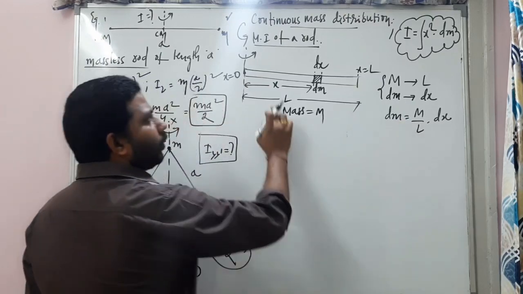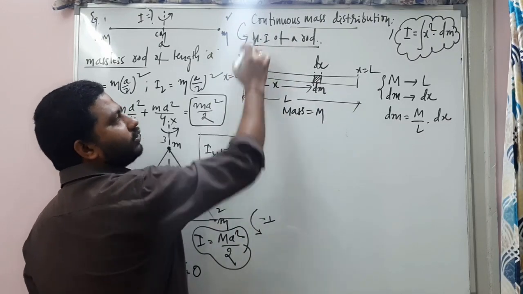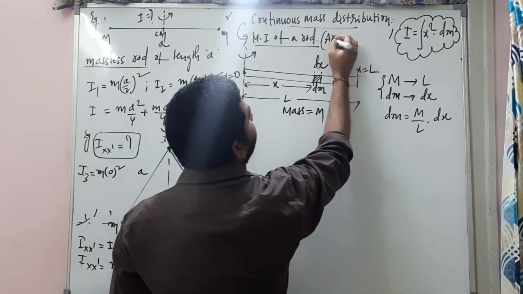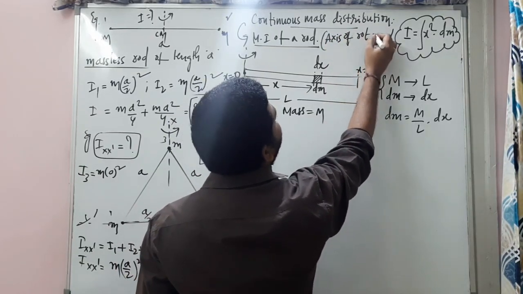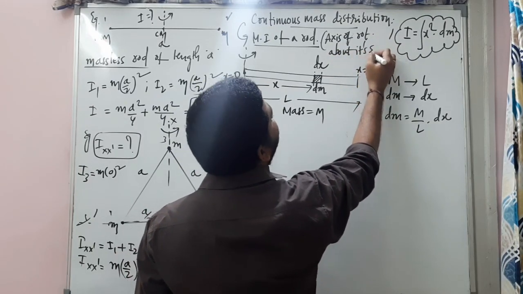Now, the moment of inertia is of the rod about this axis of rotation. The axis of rotation is at the end of the rod. Look at here. Axis of rotation is about its end. Very, very important.